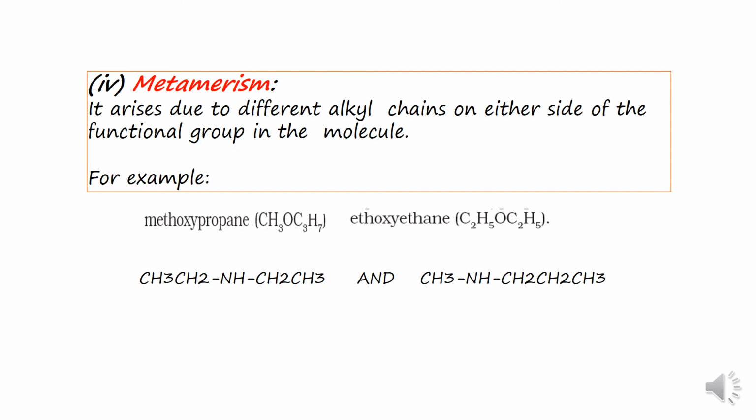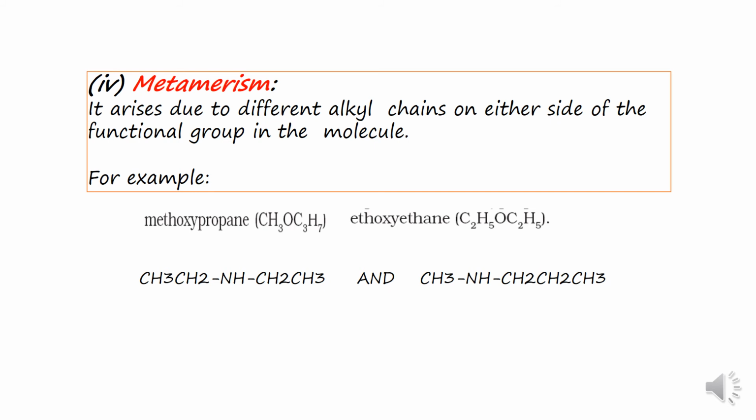For example, there is a compound you are seeing here. One compound is CH3OC3H7 and another compound is C2H5OC2H5. In both compounds, the ether functional group is present, and they show the same molecular formula, which is C4H10O.